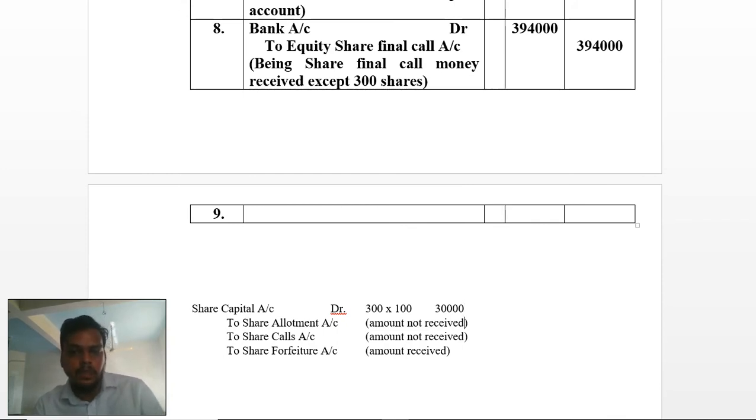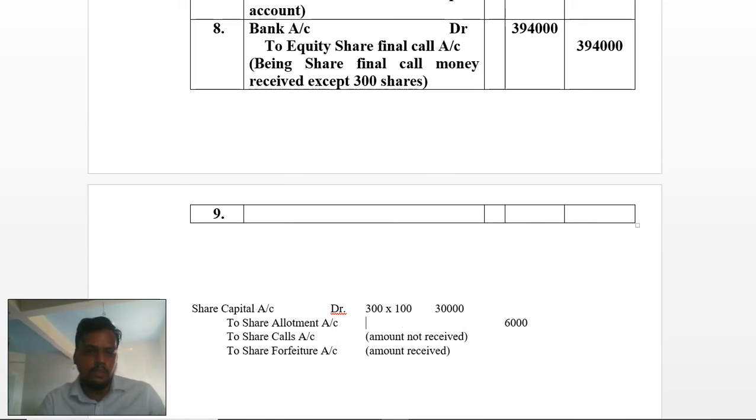Till the first and final call, you have not received the amount. In share allotment, you have not received 6,000 rupees.